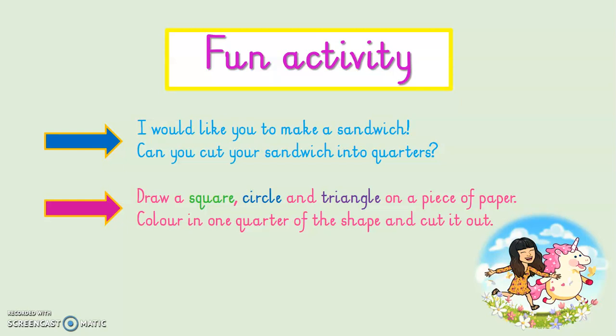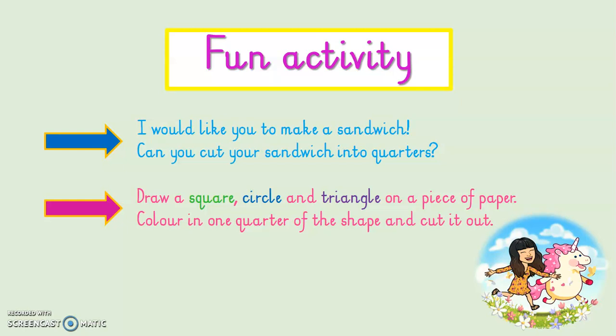Then, can you cut your sandwich into quarters? I want you to ask your mom or someone that's at home with you to help you when you're cutting your sandwich. But I want you to cut your sandwich into quarters. So you'll have 4 quarters. And then I want you to eat 1 quarter and see how many is left.